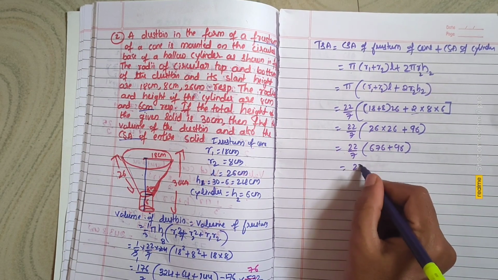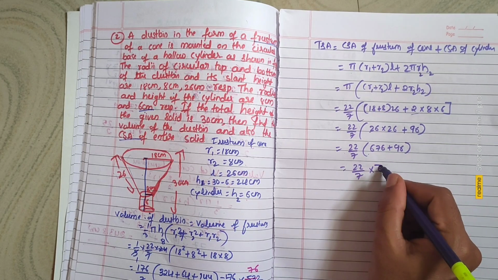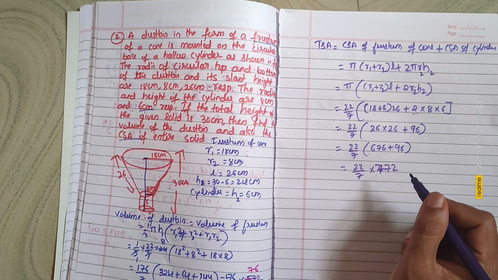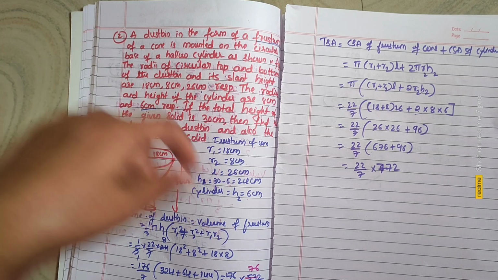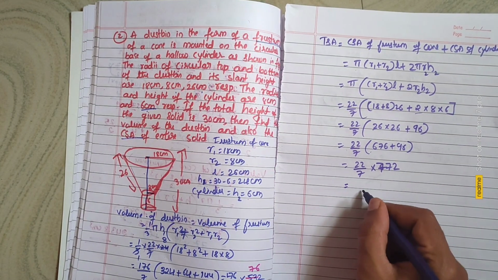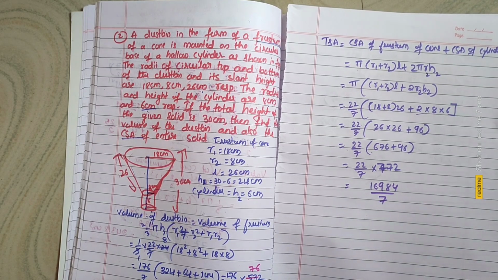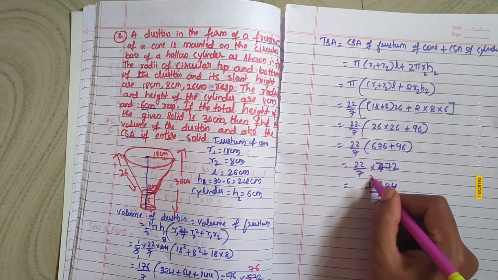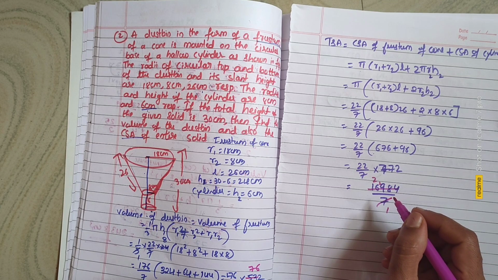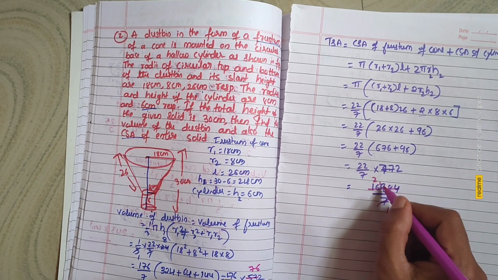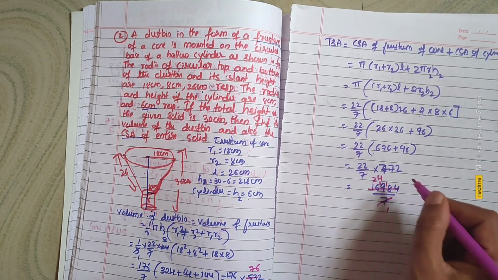Again 22 by 7 into 676 plus 96, this is 772. On multiplying 22 into 772, we have 16,984 divided by 7. On cancelling, 7 2s are 14, we have left 2. 7 4s are 28.